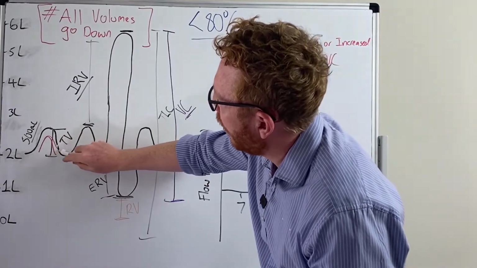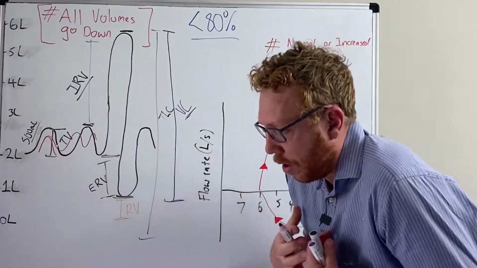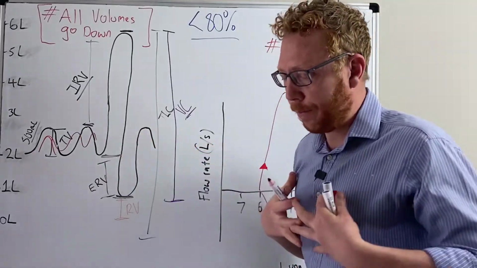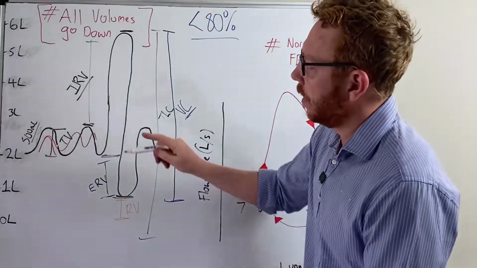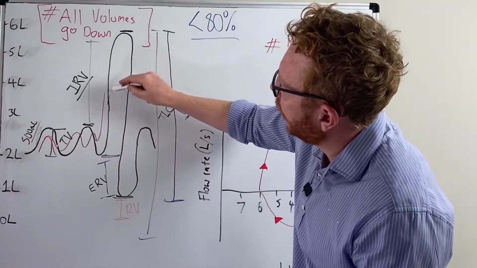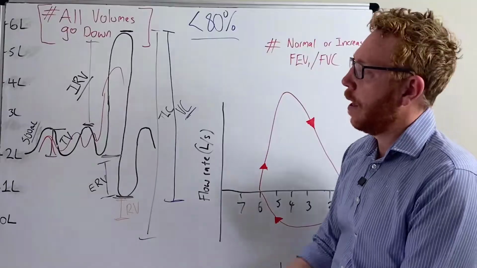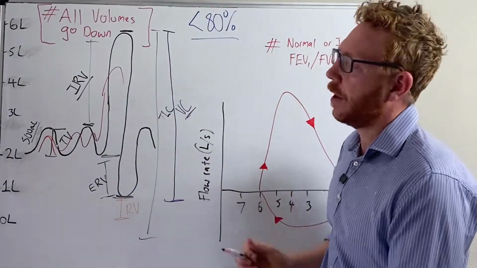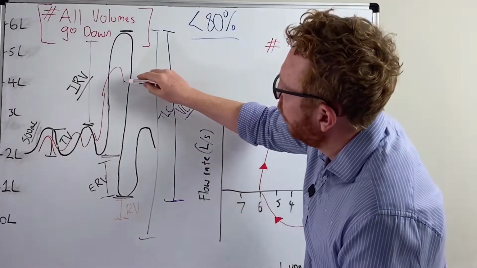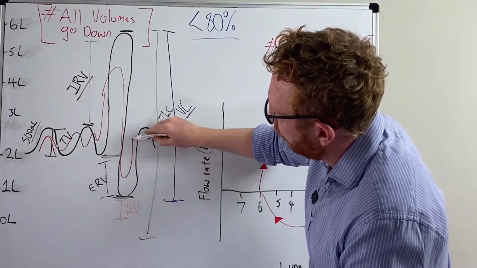So that trace is going to get smaller. When you try to breathe in, either your body wall's not going because of the extrinsic causes, or your lungs are stiff. So it's not going to go up to here, it's only going to go halfway, let's say. And when you try to get it out, that recoil is very poor because it's stiff. So we're not going to get that out too much.